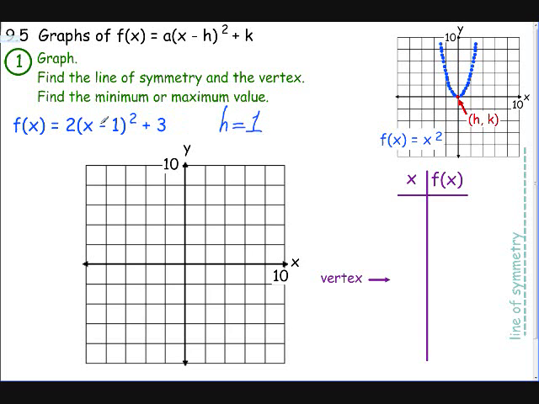Notice that, because it's minus whatever the horizontal shift is. And my k, in this case, we're adding whatever it is, so that's also a positive. K is 3. So I can go ahead and put my vertex in right down here. 1 and 3.